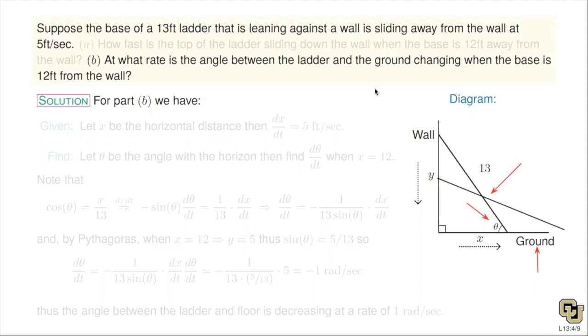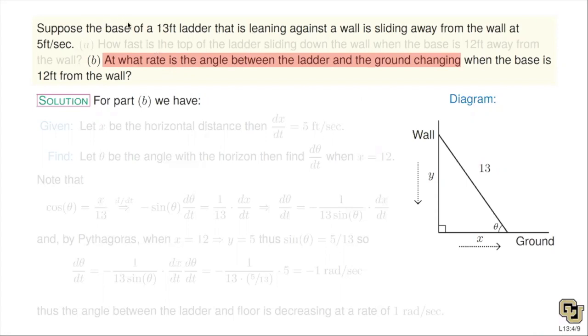So what they would like us to find now, let's again practice converting the English sentence to a mathematical one. At what rate, so they're looking for a derivative, is the angle? So they want us to find d theta dt. At what rate is the angle between the ground and the ladder changing? So that's find d theta dt when the base is 12 feet from the wall, when x is equal to 12. And of course, don't forget, we still have this initial piece of information.